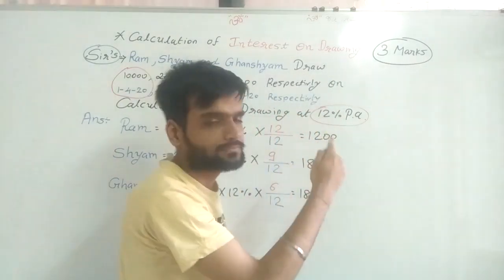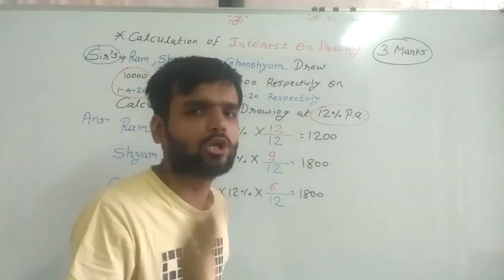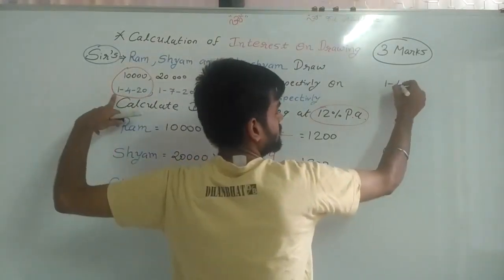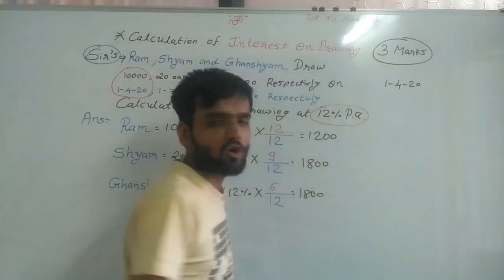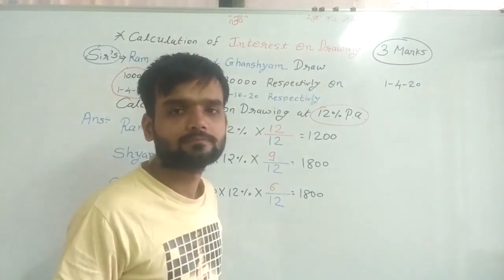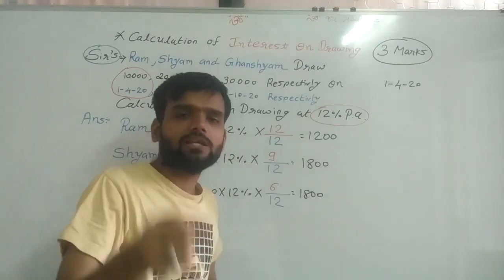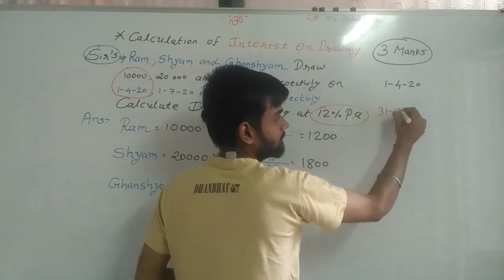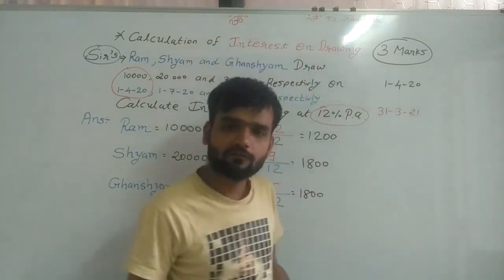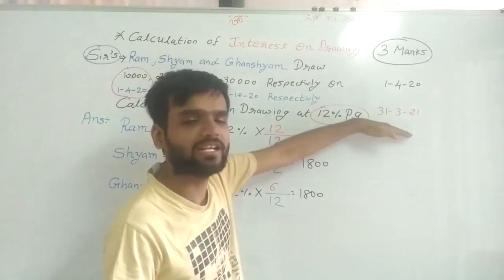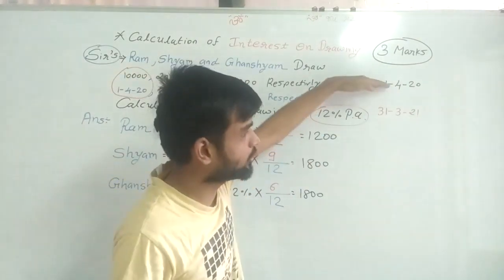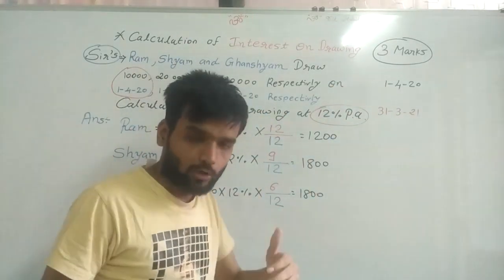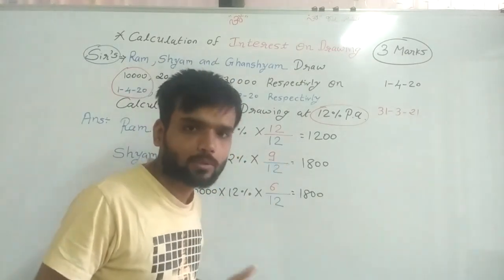Here I am writing the date of drawing for Ram only. The date of drawing is 1/4/20. My year ending is on 31/3/21, which is my year ending date. Now calculate how many months before the person has withdrawn the money.